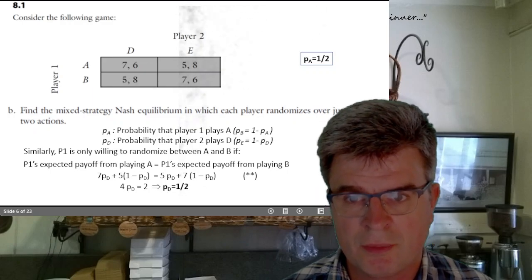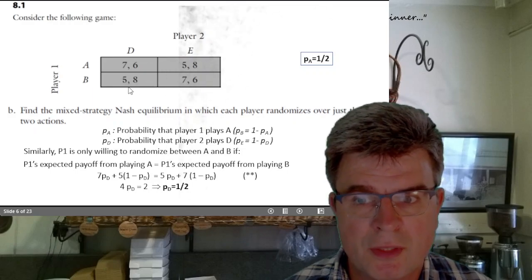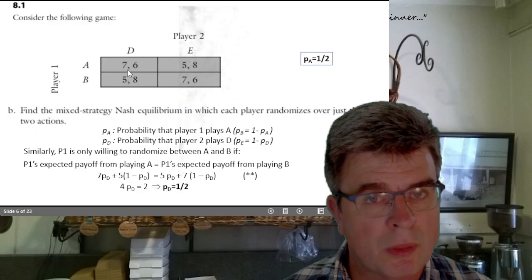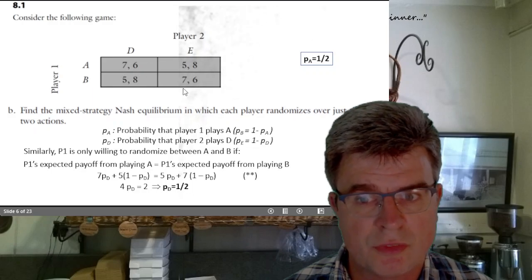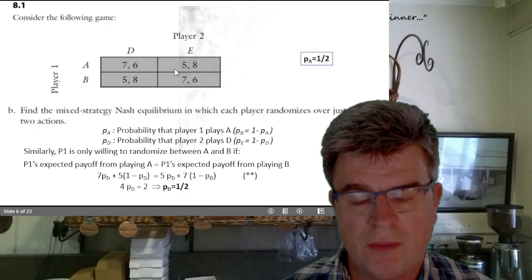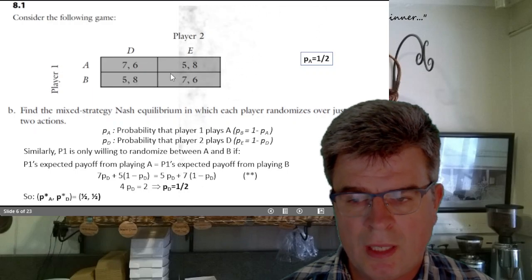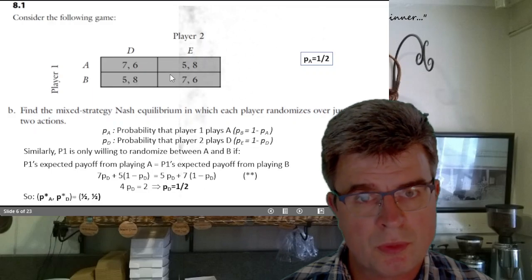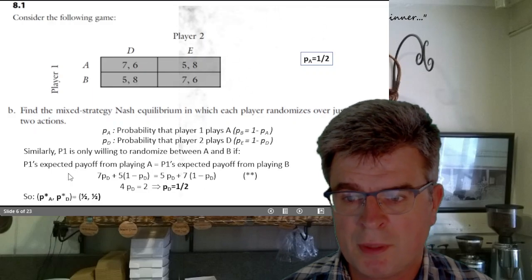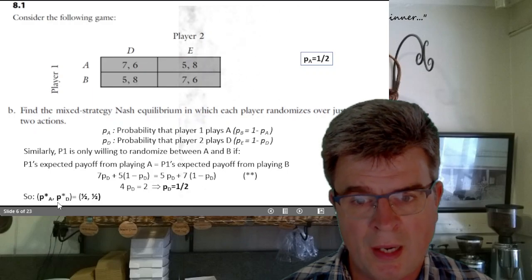This happens here not fully by coincidence. If you look at the payoff matrix, you can see that the payoffs are completely symmetric. We have 7, 6 over here, 7, 6 over here, and off diagonal we have 5 and 8. So in the mixed strategy Nash equilibrium, both players will mix each with probability 1/2.